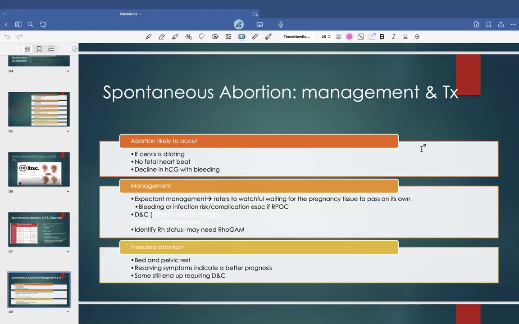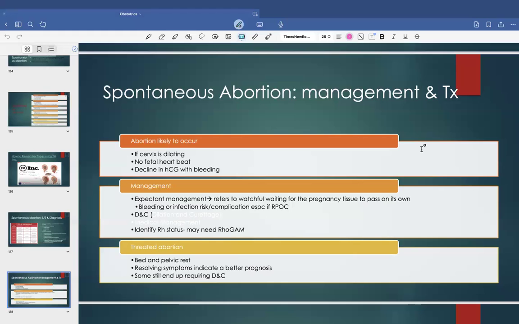Expected management also has the highest rates for retained pregnancy tissue, which is also going to need further treatment because those products of conception will eventually cause some infection in there. D&C, dilation and curettage, medical management. You also need to identify their Rh status. Are they Rh negative?